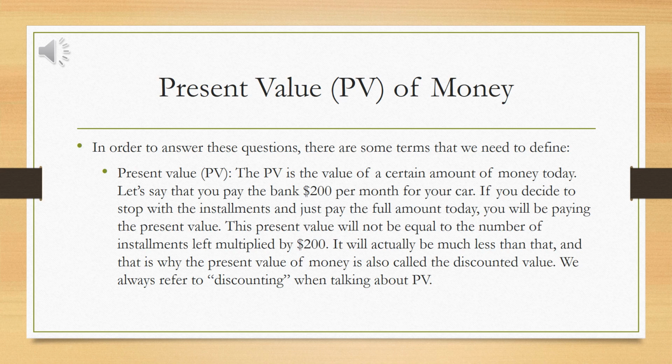This present value will not be equal to the number of installments left multiplied by 200. It will actually be much less than that, and that's why the present value of money is also called the discounted value. We always refer to discounting when talking about the present value.